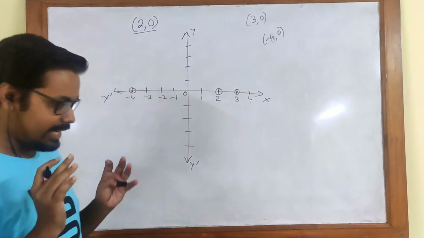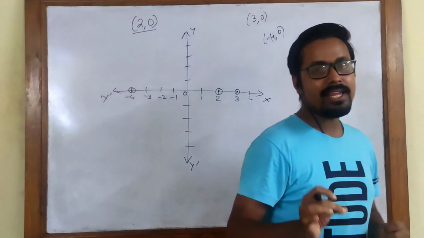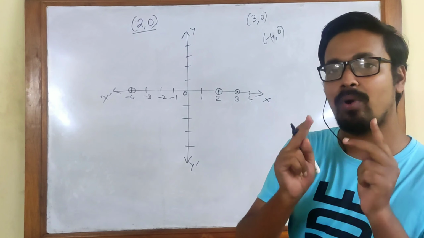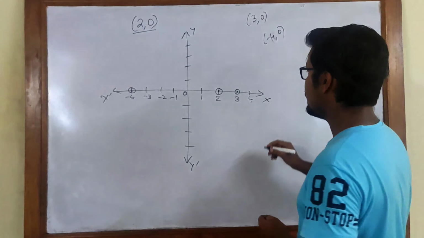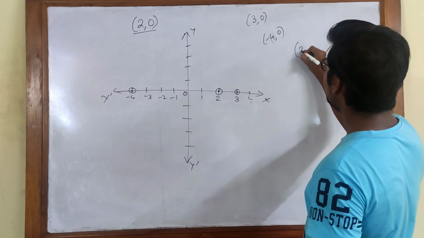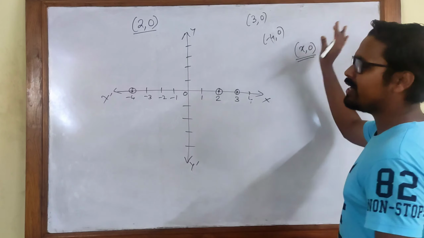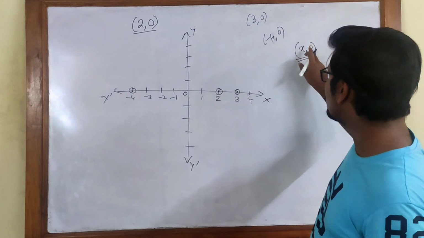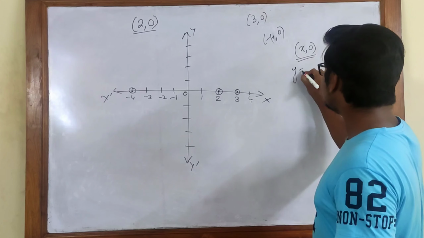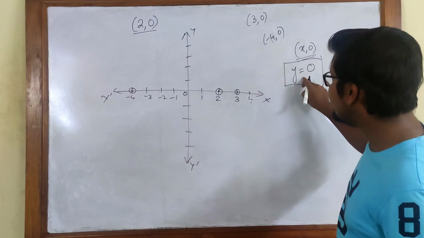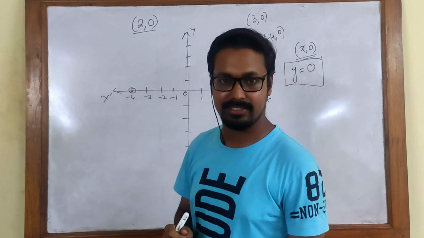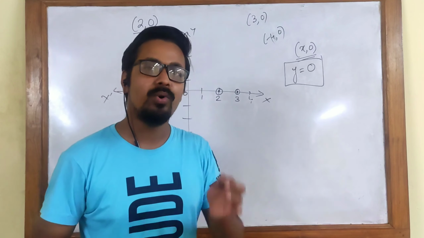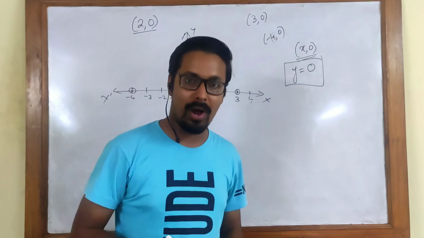In general, any point (x, 0) will always be placed on the x-axis. So there is no coordinate for y, that means y is equal to 0. This is the equation of the x-axis, because any point on the x-axis will never have a nonzero coordinate for y.